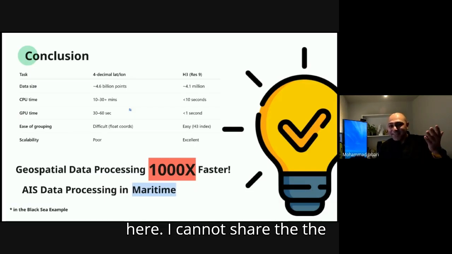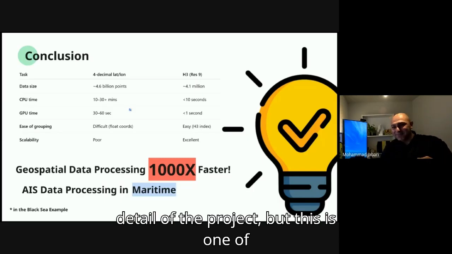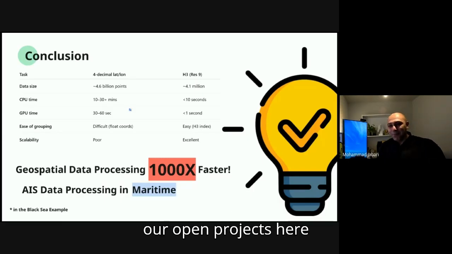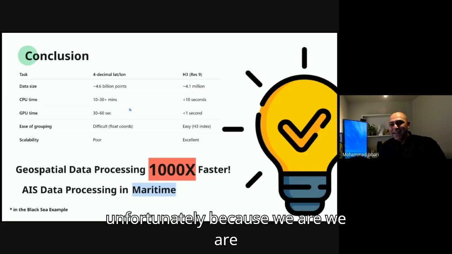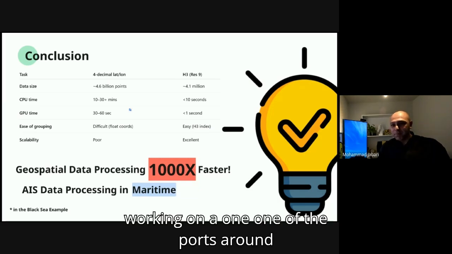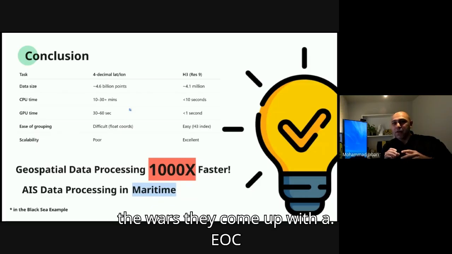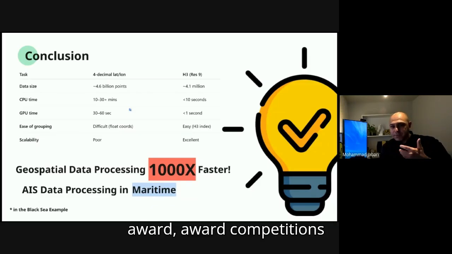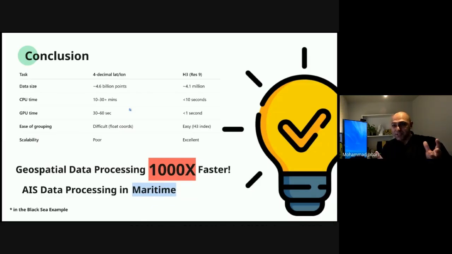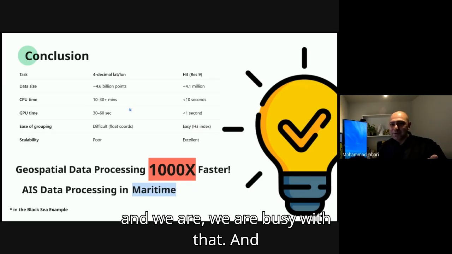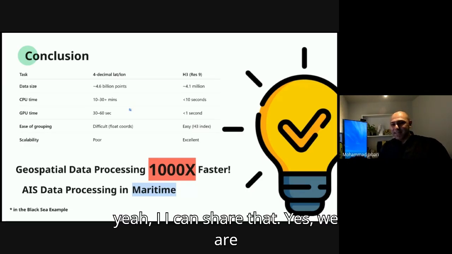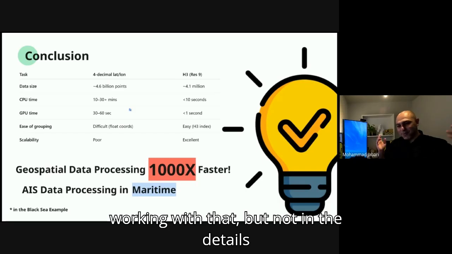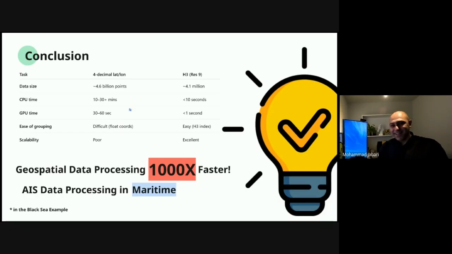I cannot share the details of the project, but unfortunately it is one of our open projects, because we are working with one of the ports around the world. They came up with an EOC award competition, and we are busy with that. Yes, we are working on that, but not in detail, unfortunately.